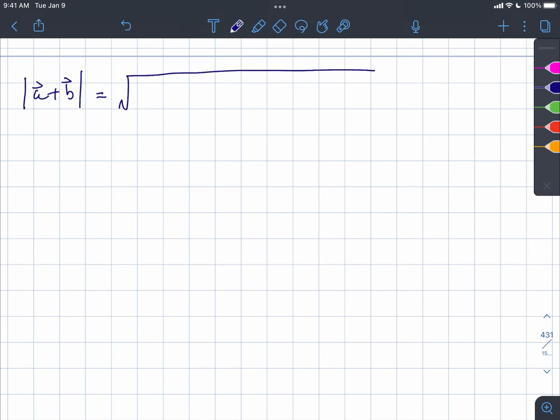For this part, if you're really bored, you don't have to worry about it, but I'm just going to do it quick. This is going to look like this, because when you do a plus b, the horizontal and vertical components will combine, and then you would do the horizontal component squared and the vertical component squared. So that would be a2 plus b2, all squared, like that.